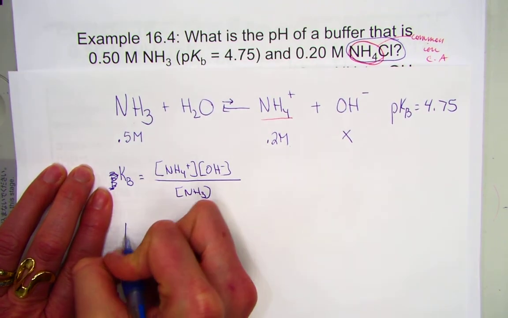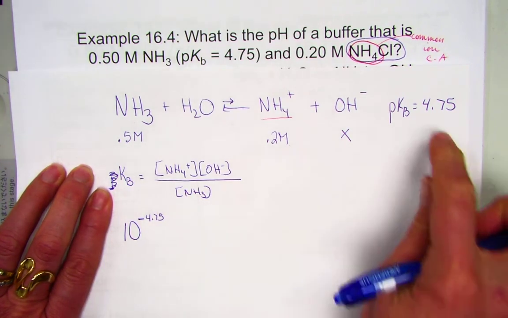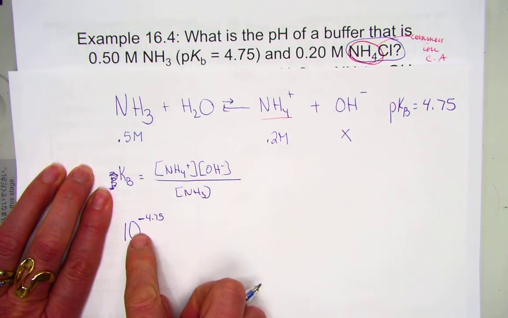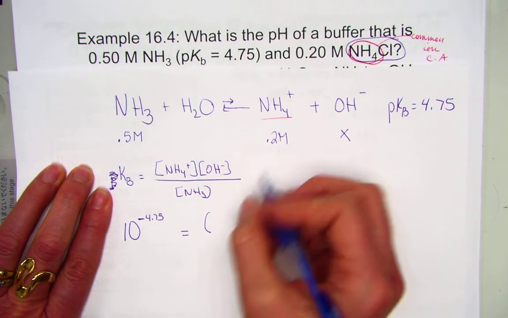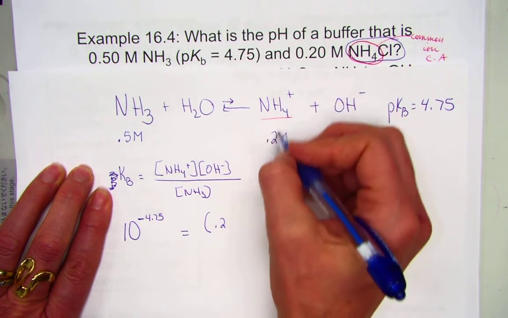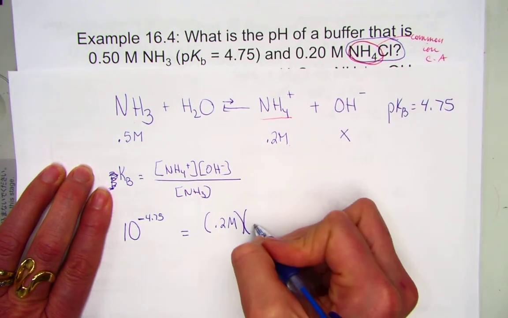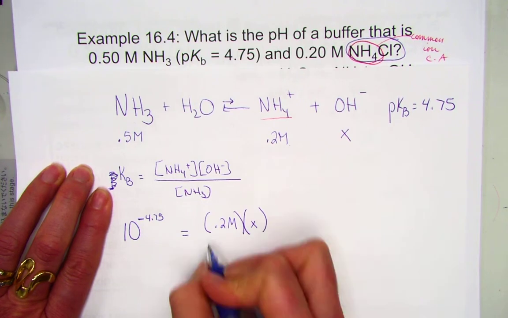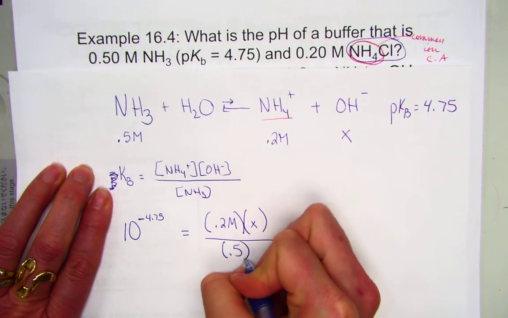All right, no problem. 10 raised to the negative 4.75 is how I flip a pKb back to Kb. That's going to be set equal to the concentration of 0.2, that's the ammonium ion, times the concentration of the base, X, all over the reactant, 0.5.